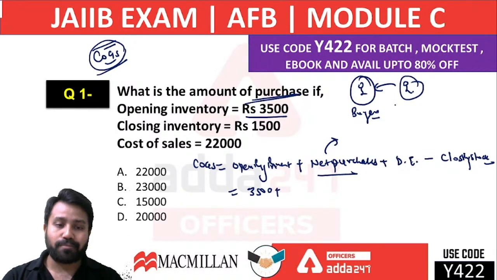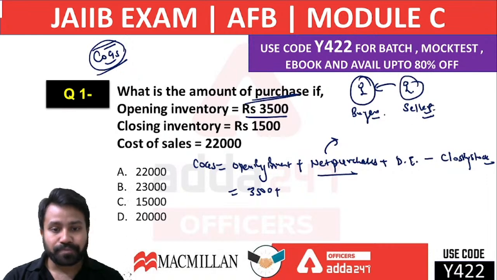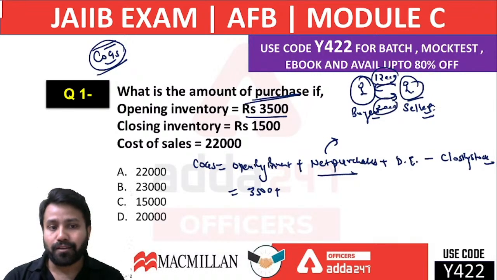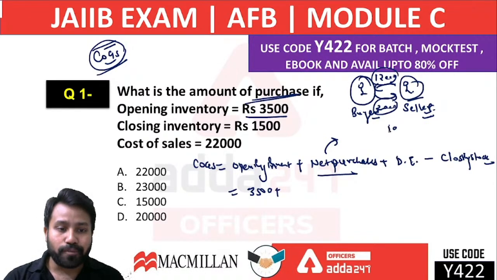And if you're purchasing by cash, you can understand that you are the buyer and the other one is a seller. So if you're talking about net purchases, suppose you purchase goods worth 12,000 rupees from this seller, but you return 2,000 rupees of the product to this seller. So the net purchases would actually be 10,000 rupees. That's why we introduce net purchases here.